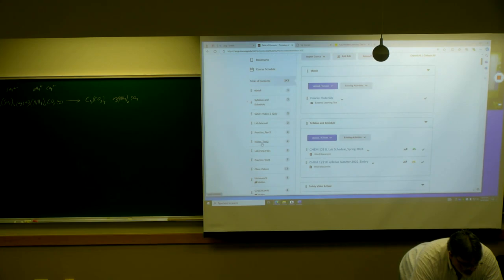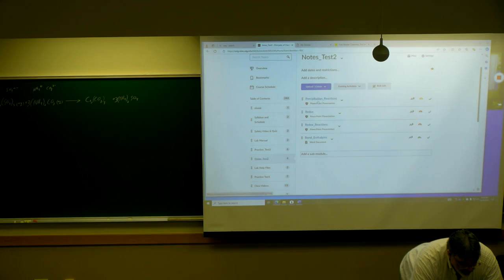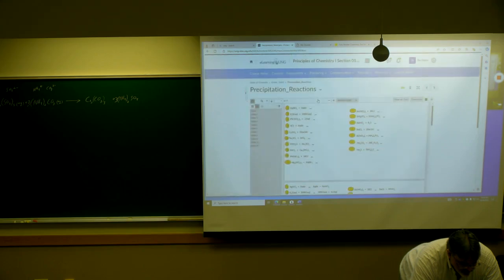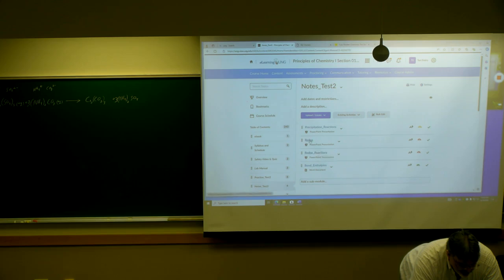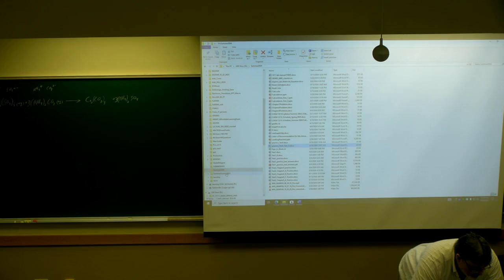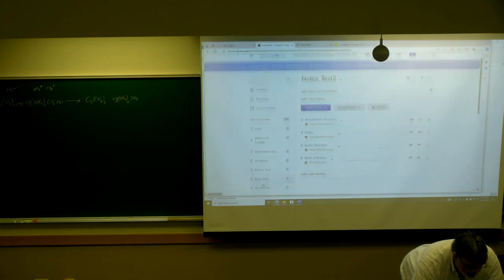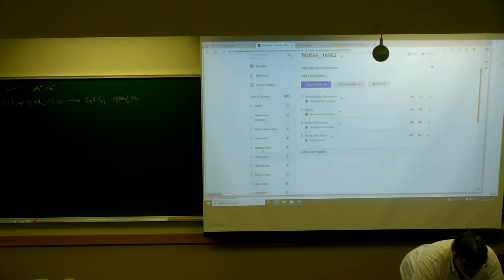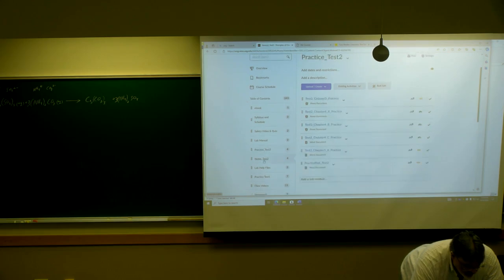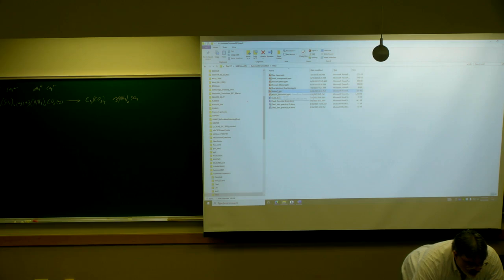Where is it? Notes for test 2. Did I not put it up here? I guess I didn't. I thought I did.